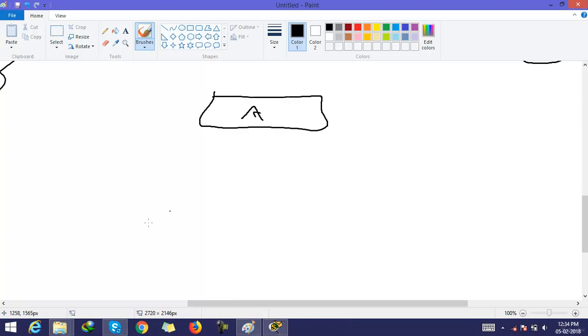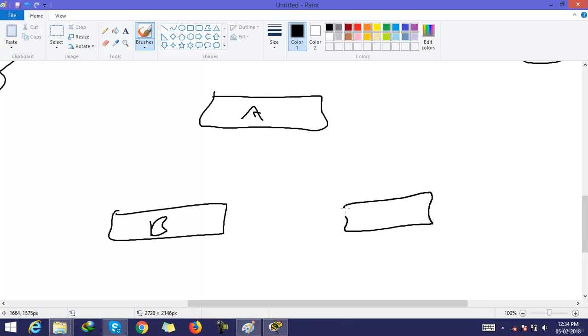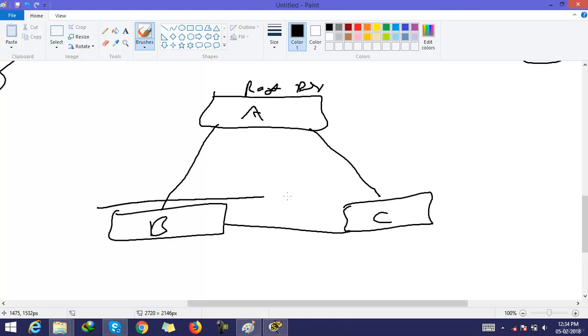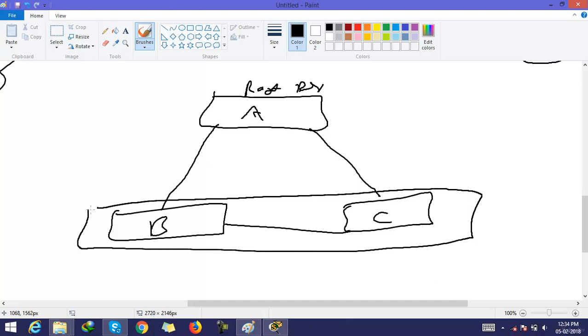This is our switch A, this is our switch B, and this is our switch C, connected like this. This is the root bridge, and these are non-root bridges.